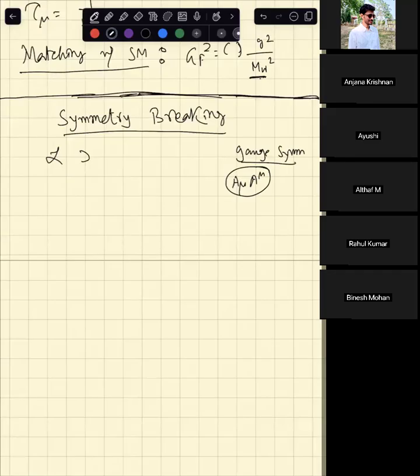That means this term violates the gauge symmetry, and gauge symmetry is a very fundamental symmetry. Renormalizability of the theory and many other properties depend on that. So we cannot just break that symmetry by introducing this kind of term.